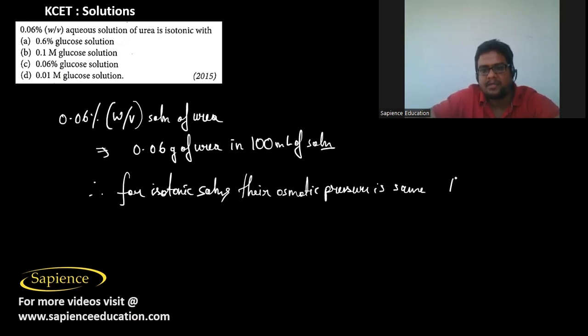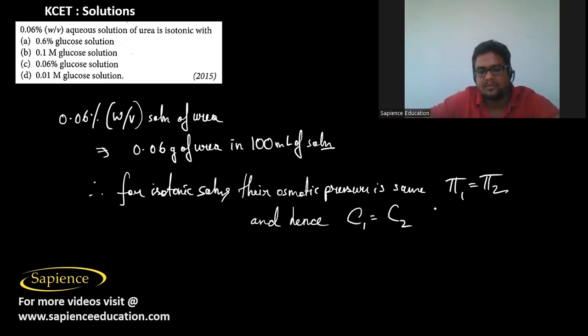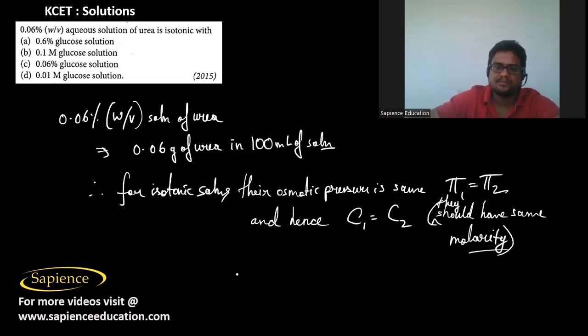It means that pi 1 should be equal to pi 2, and hence their molar concentration should be the same. Hence C1 should be equal to C2. It means they should have the same molarity, or molar concentration.